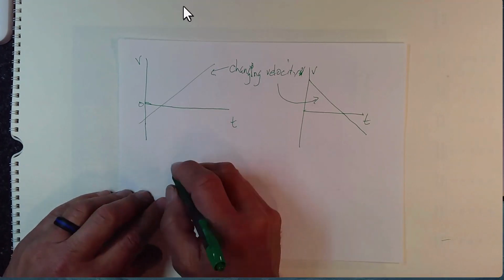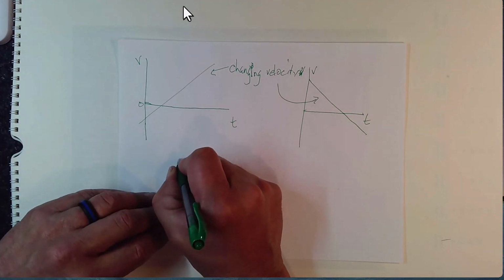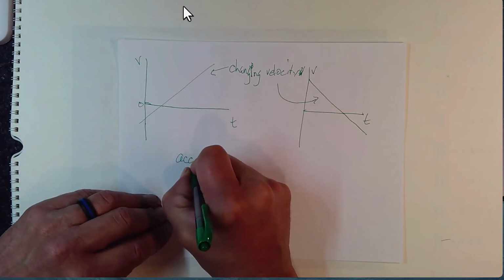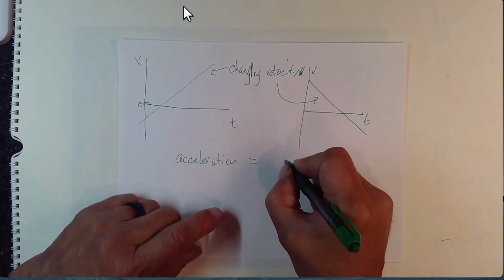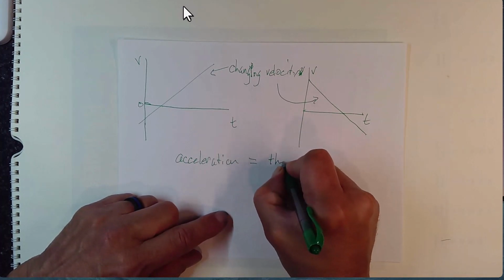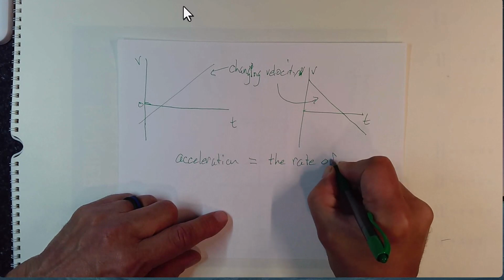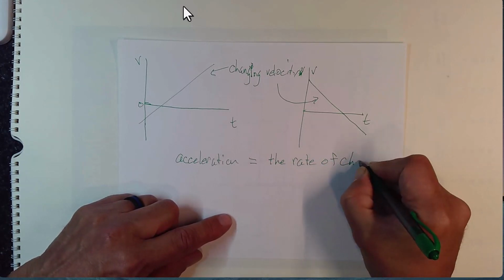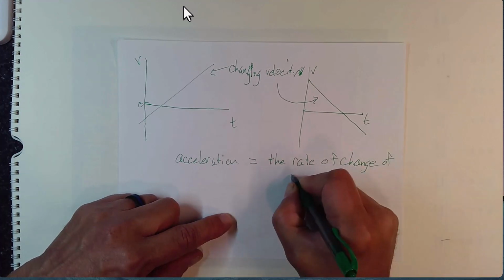And I'll give you a verbal definition of acceleration first. Acceleration in physics has a very precise meaning. It is the rate of change of velocity.